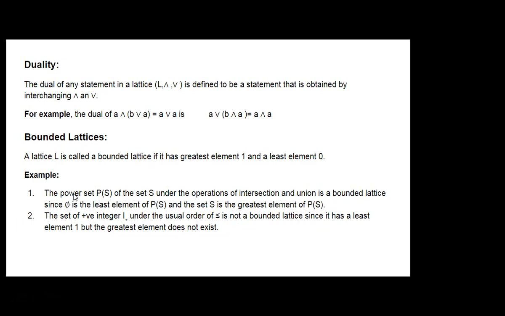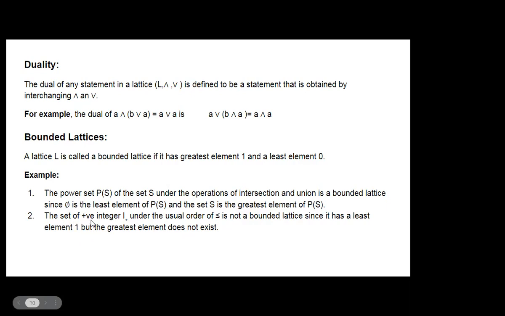Okay. One example is given here of the power set, but this one is not an example of a bounded lattice. The set of positive integers I plus under the usual order of less than or equal to is not a bounded lattice since it has a least element 1.